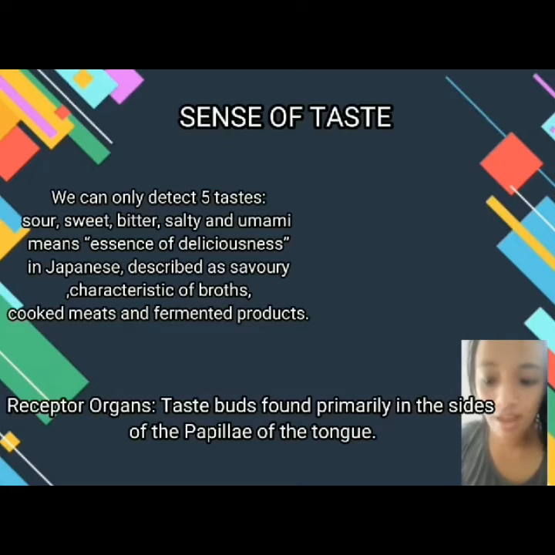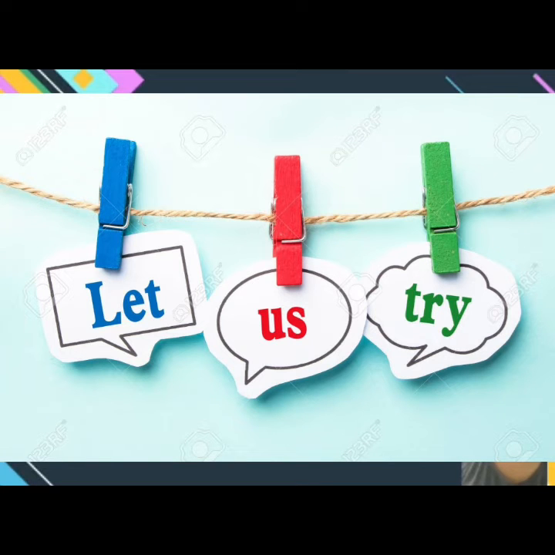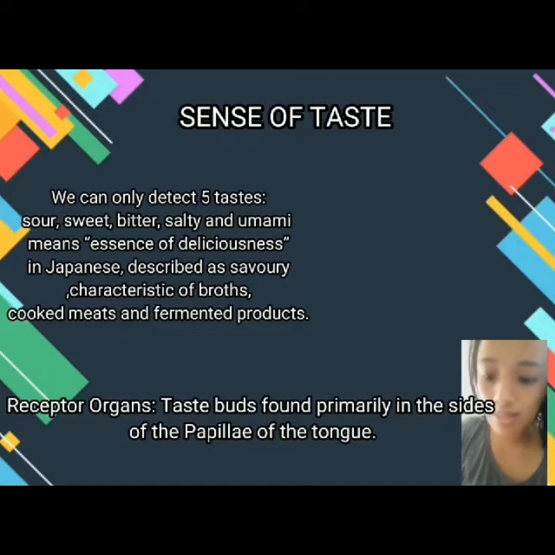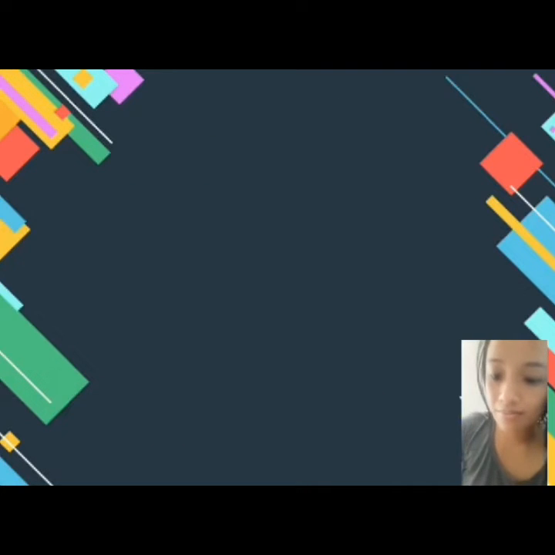Sense of taste. We can only detect 5 tastes: sour, sweet, bitter, salty, and umami, meaning essence of deliciousness. In Japanese, it is described as savory, characteristic of fruit, cooked meat, and fermented products. The receptor organs, taste buds, are found primarily in the sides of the papillae of the tongue.